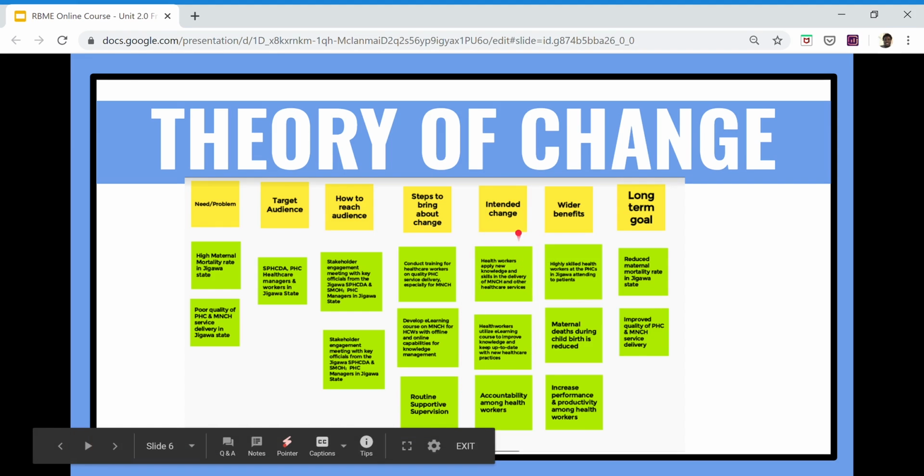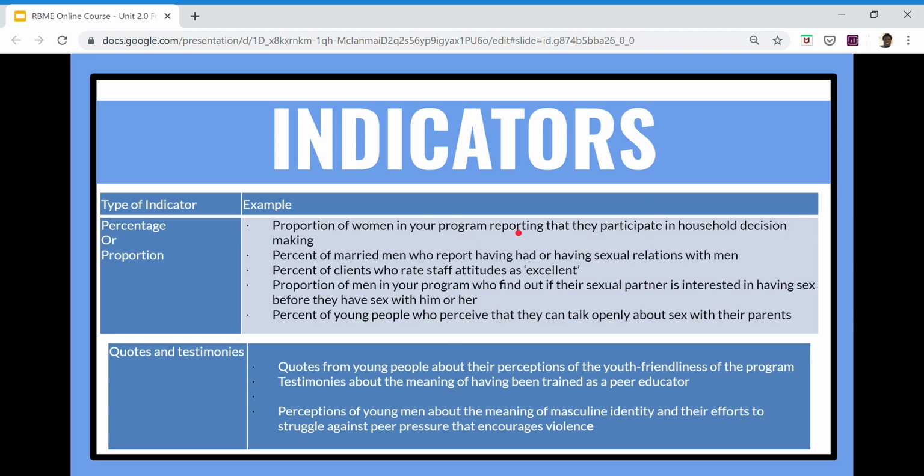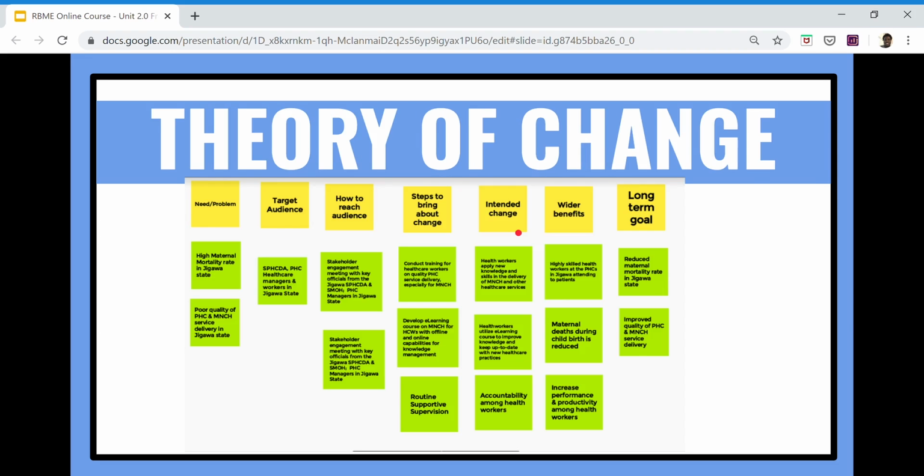So this is when your beneficiaries, who are the target of the program, are changing in terms of behavior, knowledge, skills, and actions that they are taking as part of that program, which then leads to a longer term change in the community. So these are the components of the theory of change, and it is very important to take this into cognizance, and it's part of what you build in the work that you have done.